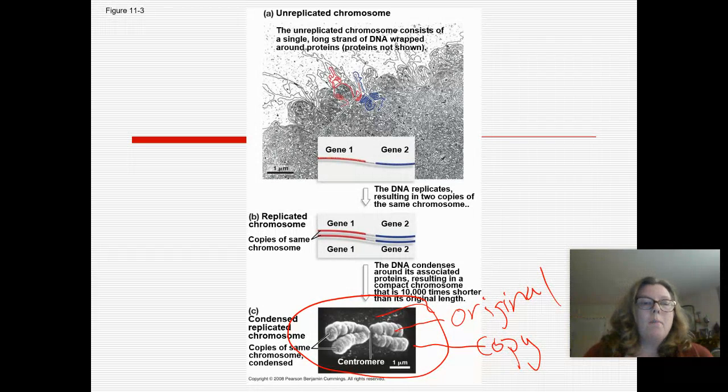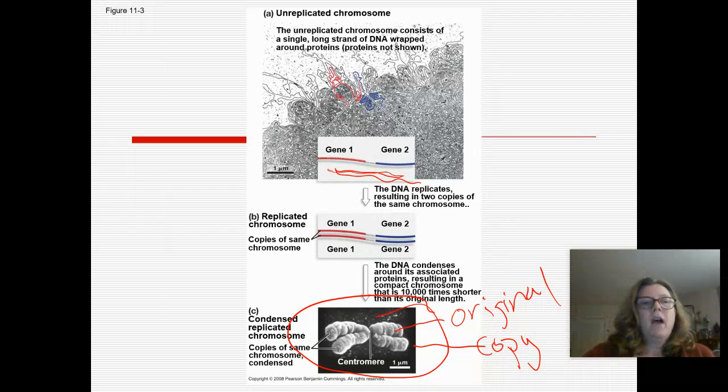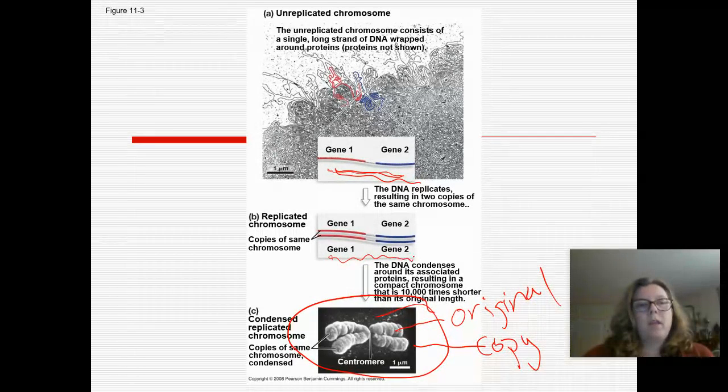So that's why you're seeing here a copy of the same chromosome, condensed. That's a replicated chromosome. Before chromosomes replicate, they would look like what you see here at the top. That would be what an unreplicated chromosome looks like, and this is the replicated chromosome that you see here.